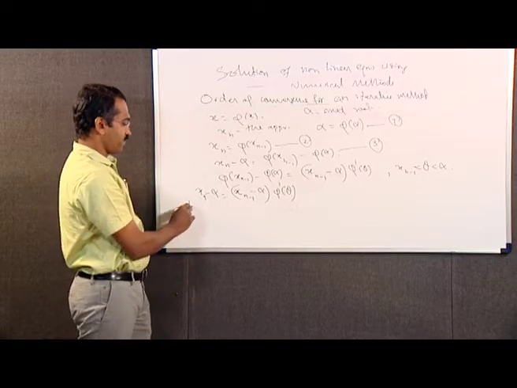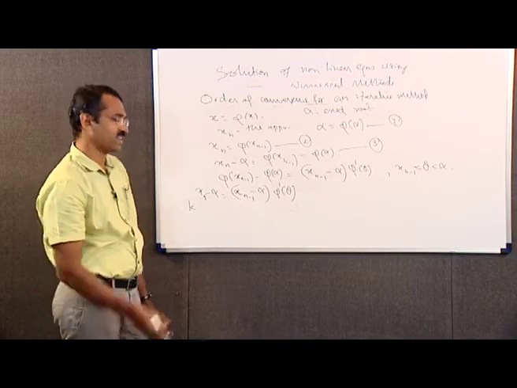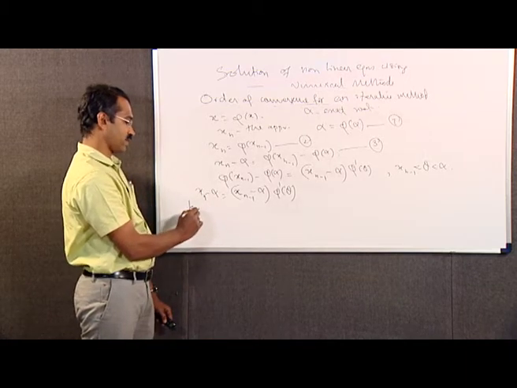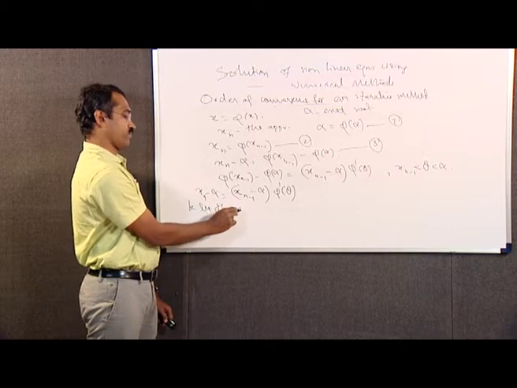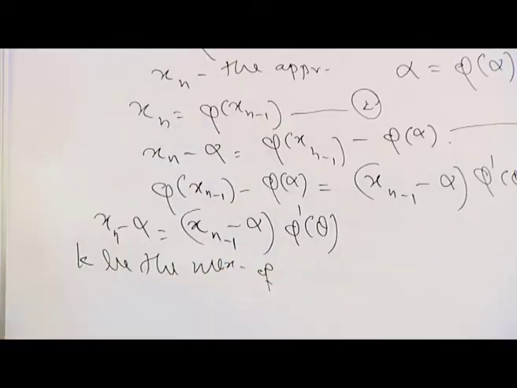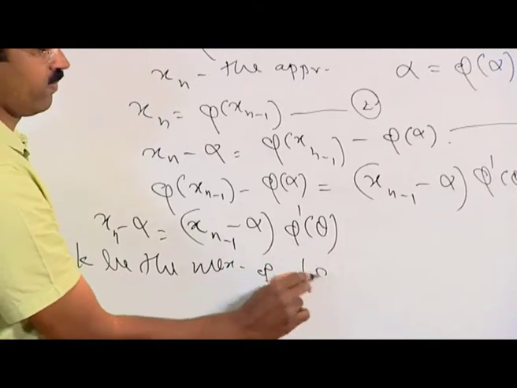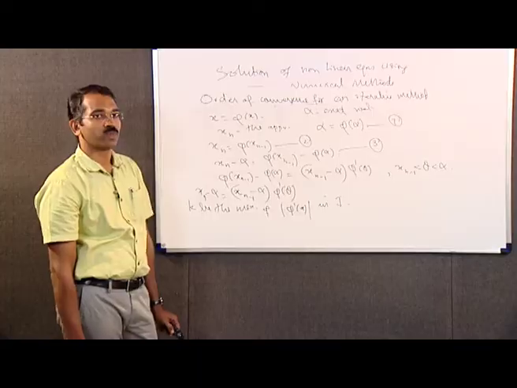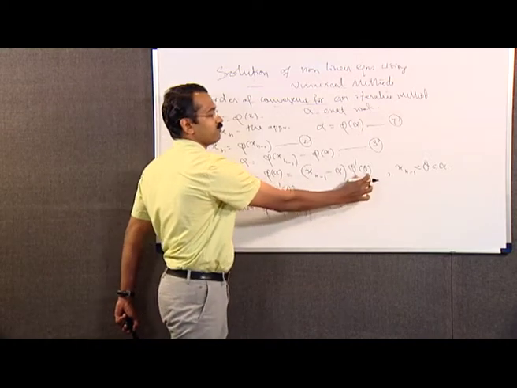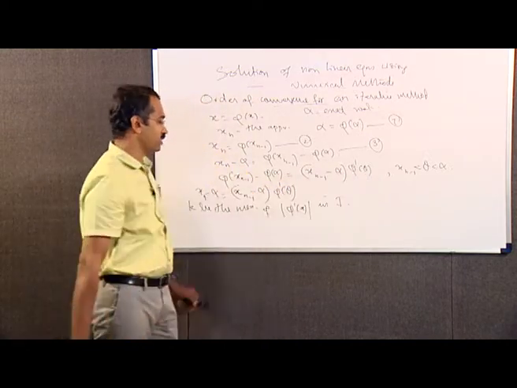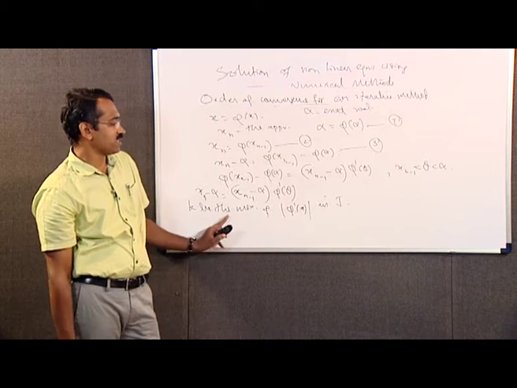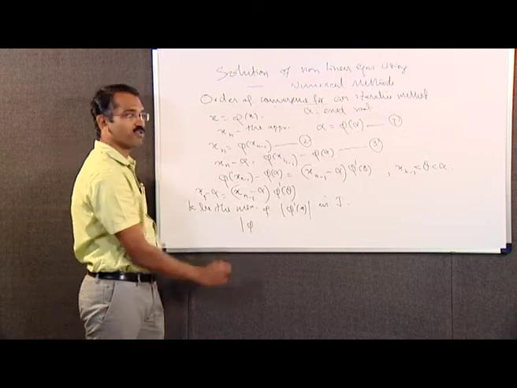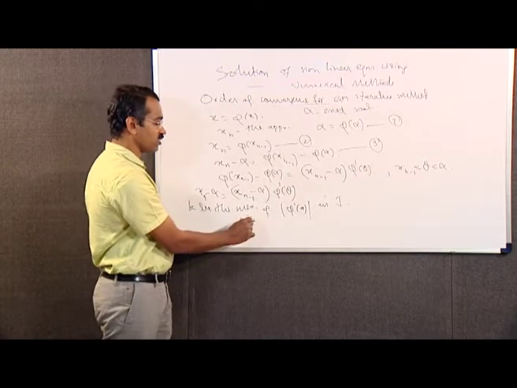Let k be a constant, or let k be the maximum value of modulus of phi dash of x in the interval I. Then modulus of phi dash of theta is less than 1, that is, let k be the maximum means modulus of phi dash of x is less than or equal to k.